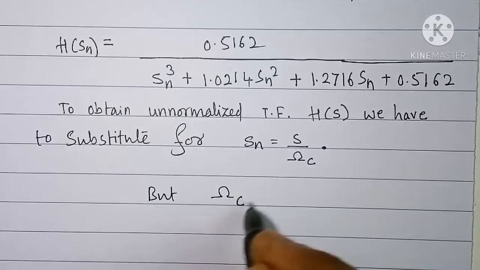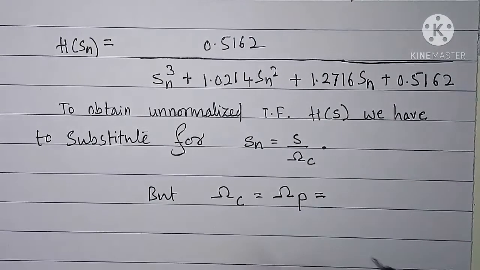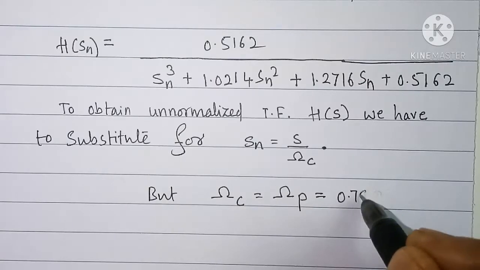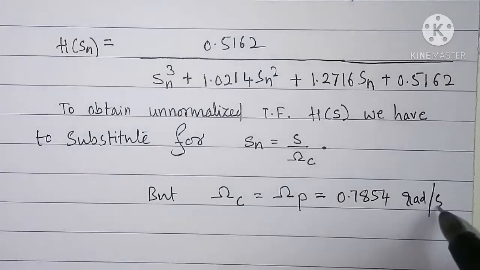But omega c is equal to omega p, and that is equal to 0.7854 radians per second.